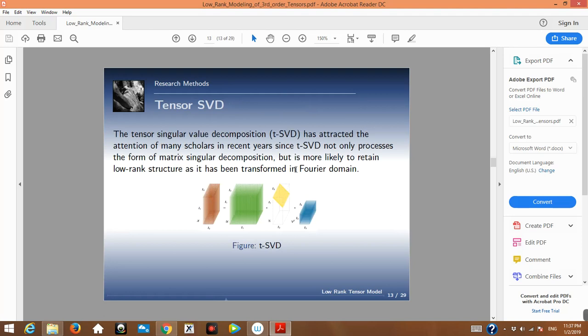Tensor SVD is very useful because it not only processes the matrix SVD, but also can retain the low-rank structure as it transforms the tensor into the Fourier domain.